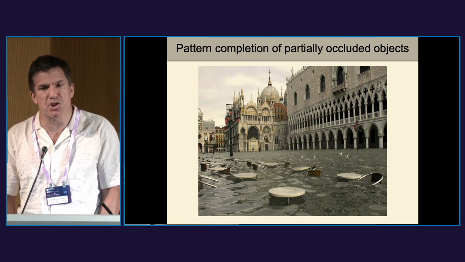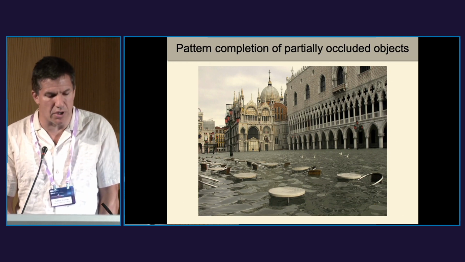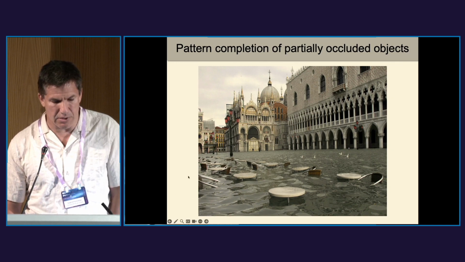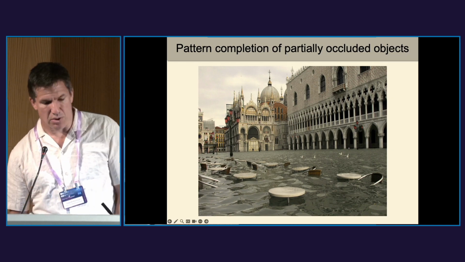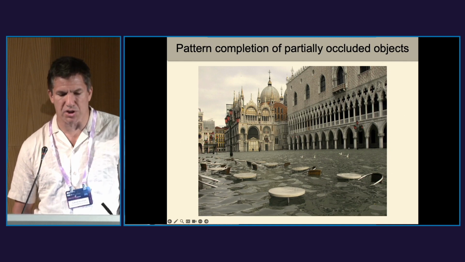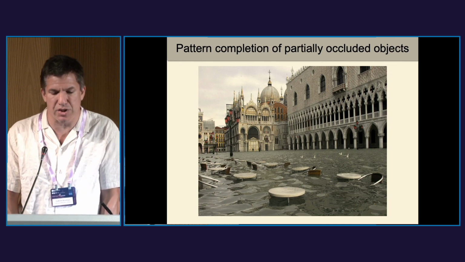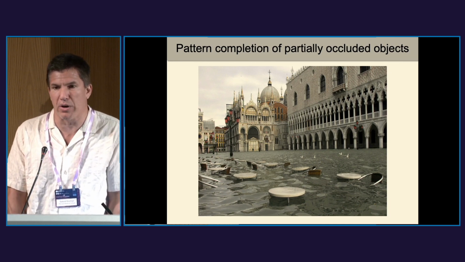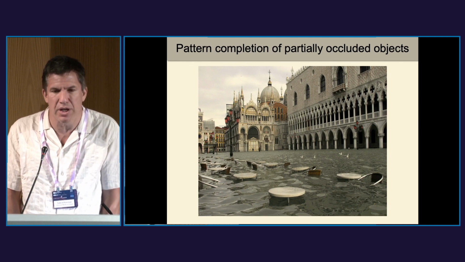If you look at this picture here, it's relatively easy for most of you to recognize many of the objects here. And even if I look at some of these, is the mouse there? Yeah. Even if you look at some of these objects that are heavily occluded, you can still recognize these tables and chairs quite well, in some cases even from a handful of pixels.